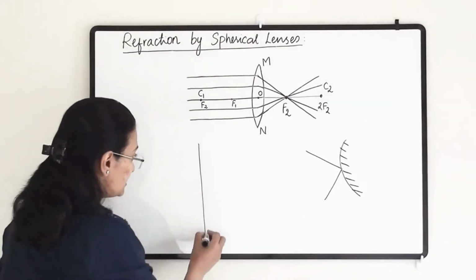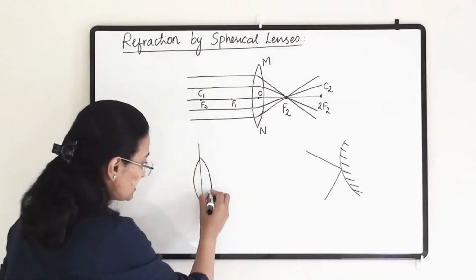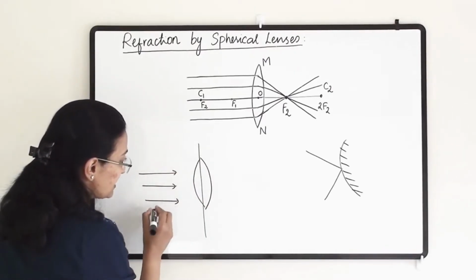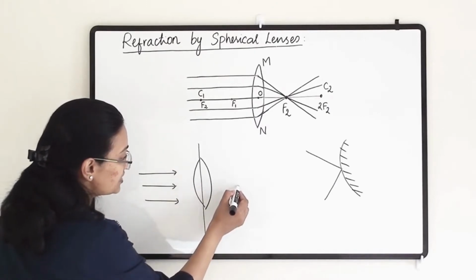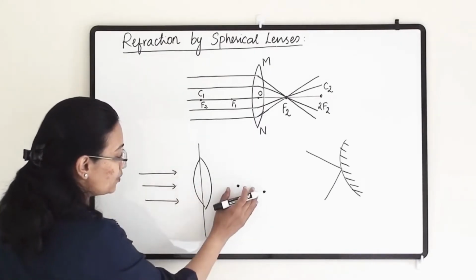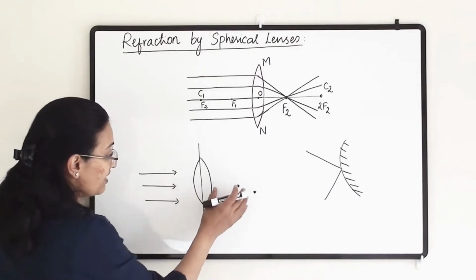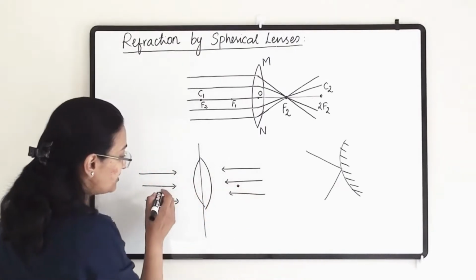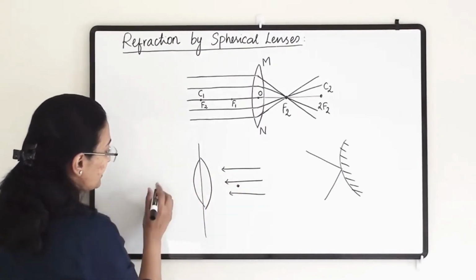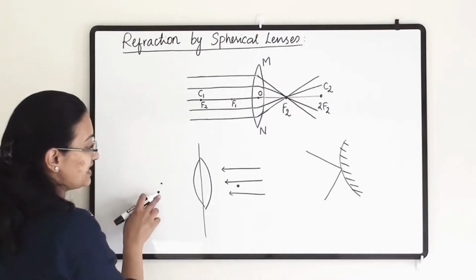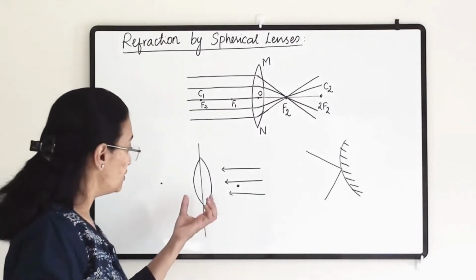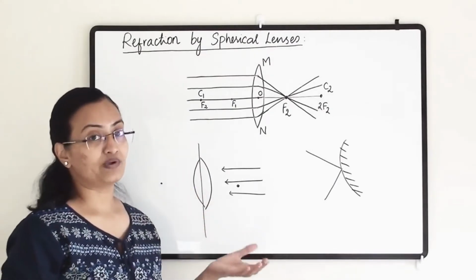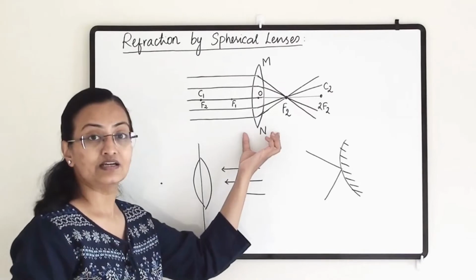For rays from this side, we get the result towards this side, where all the rays get collected at one point. If we keep the light source towards this side, all the rays get collected at one point towards this side. So it has two spherical surfaces, which makes it a double convex lens. Simply, we call it a convex lens.